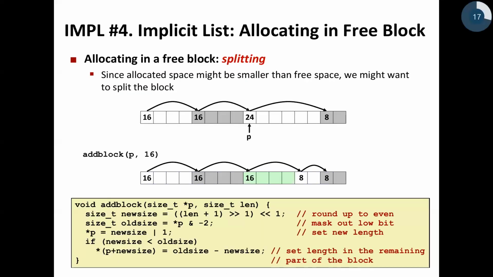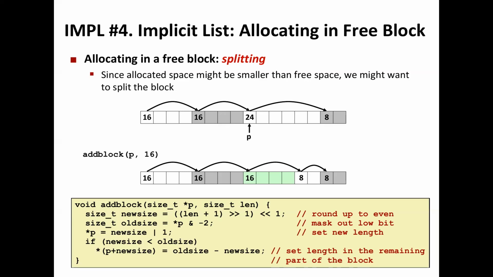By the way, in the previous slide, why didn't we set any bit when we had this free block? I mean, we just initialized size. Well, because the bit is 0, right?